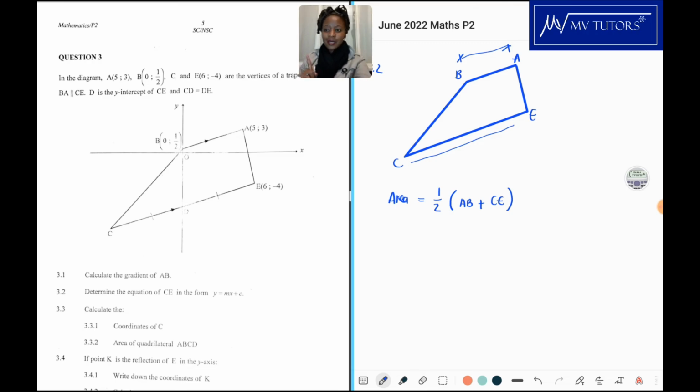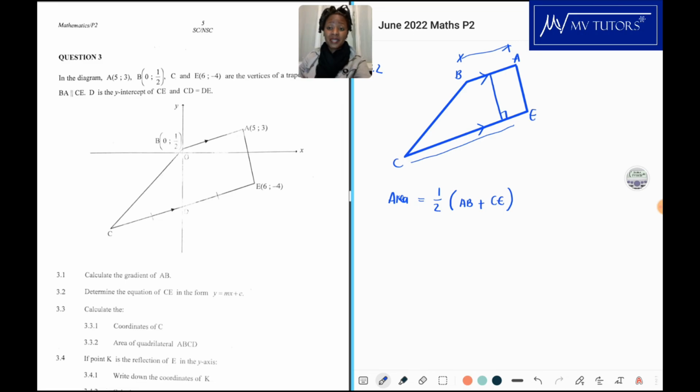Now the temptation here is to think that AE is the perpendicular height, because it looks like it, right? But they didn't say. Another thing, for you to actually use this equation, you must ensure that with this trapezium the lines are parallel. If they're not parallel, you're not dealing with a trapezium, it's something else. So yeah, we need a perpendicular height if AE is not perpendicular. So how will we know that AE is perpendicular or not?